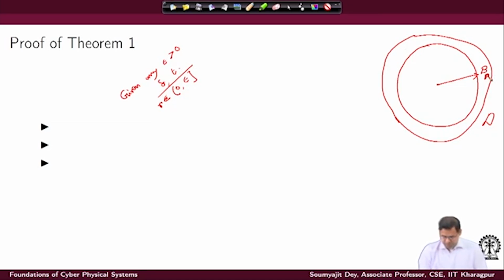And then we can say that B r is, I mean, we are formally defining this, it contains all those points in R to the power n such that the norm of x is less than or equal to r.